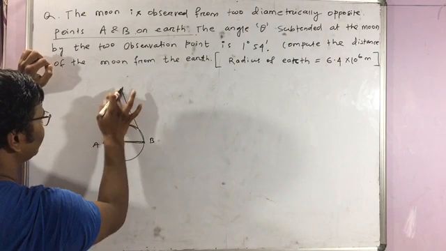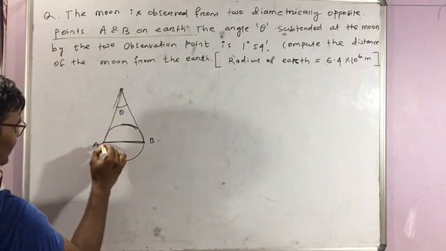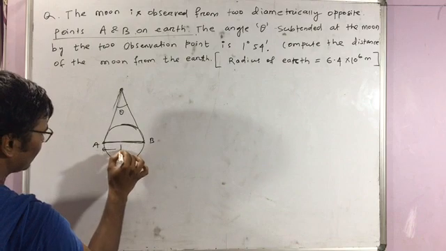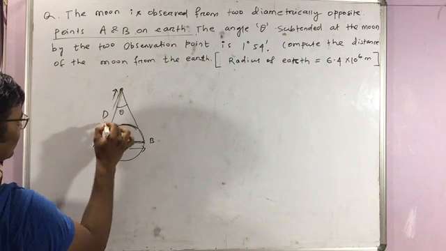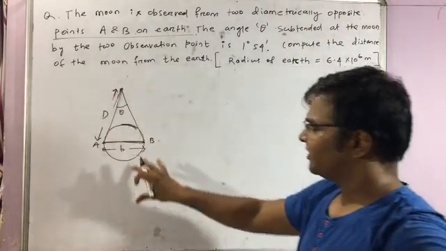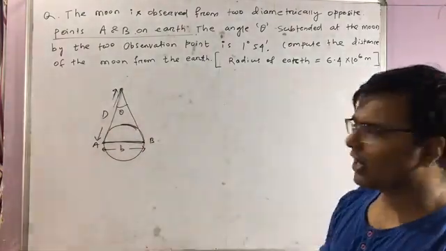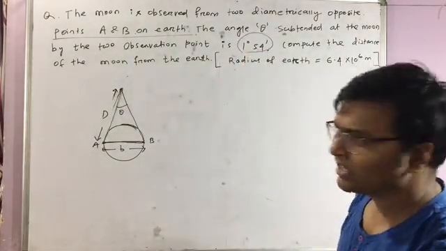Clear? Means in this case, this angle is your theta. Means the distance between A and B, I can take it to be your basis, B, and this to be D. Clear? So from the diagram it is clear. Now we can use the formula. Theta is given, it is 1 degree 54 minute.